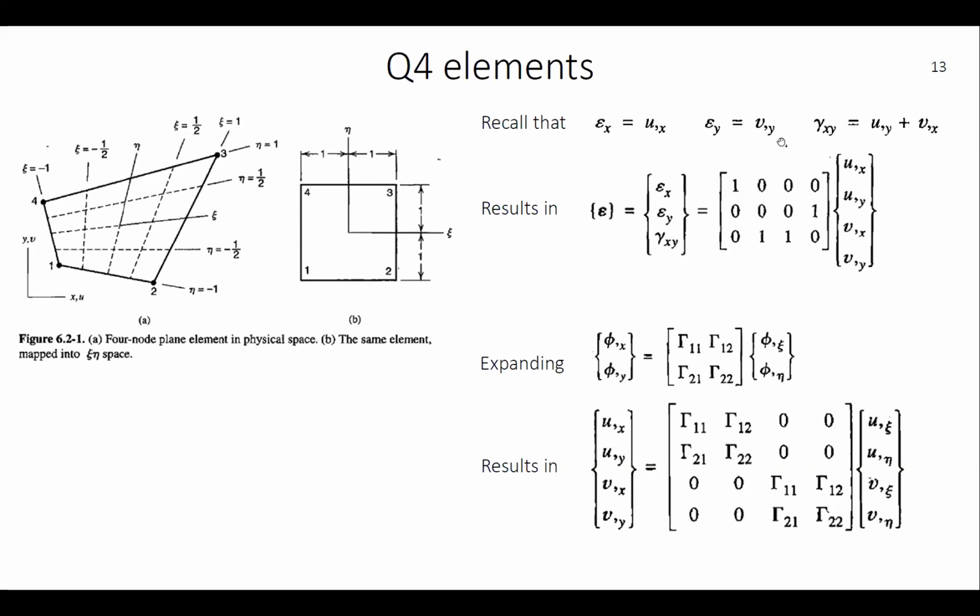Similar in the y direction, and then we also have the shear strains as a derivative of u in y and v with respect to x. This can be rearranged in matrix format like this. So we have epsilon x, which is u prime x, epsilon y being v prime y, and then the combination gamma xy as a combination of u prime y and v prime x.